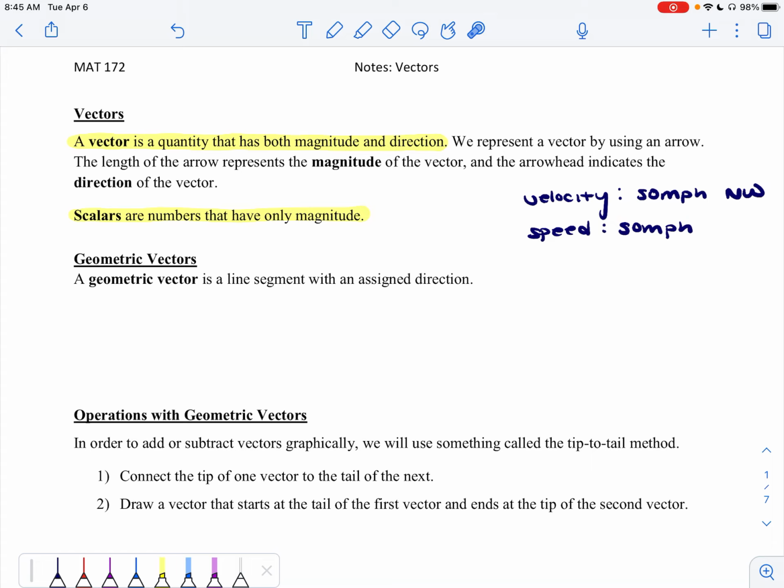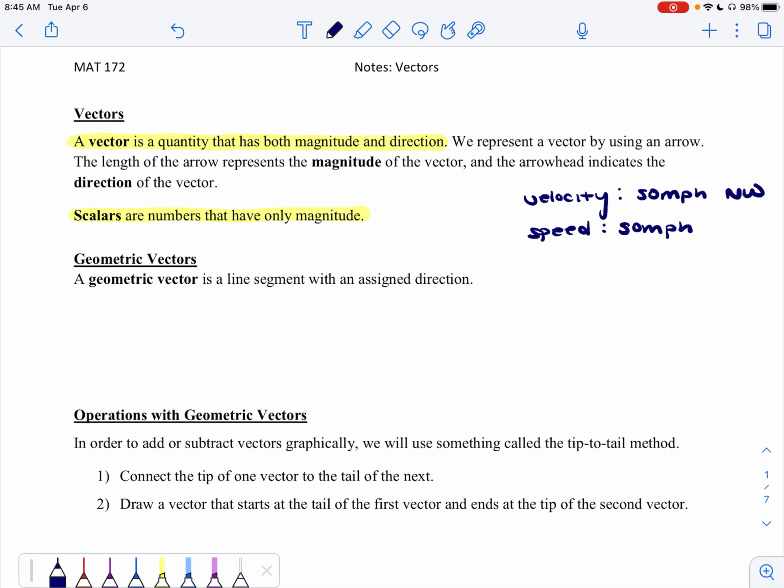Now, there's a few different ways that we can represent vectors, the first of which is to draw them out geometrically. When we draw out a vector geometrically, we just use a line segment with an arrow at the end.